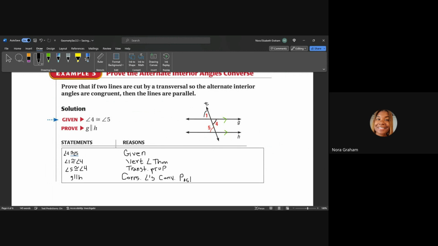If you could write it all out on your homework, I would write it all out. But just for the time and sake of the video, I don't want to spend time writing it like this. And that proves that G and H are parallel.